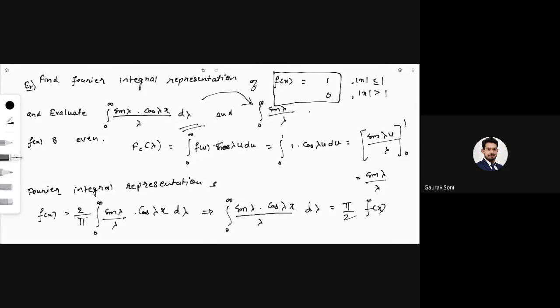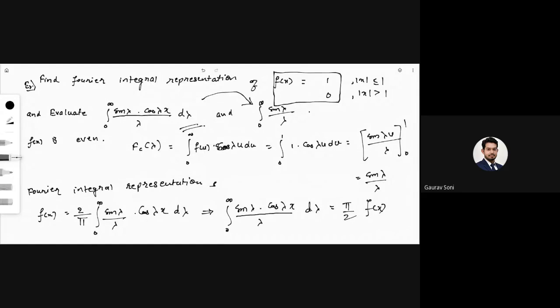Cos lambda x should become 1, then you will get sine lambda by lambda.